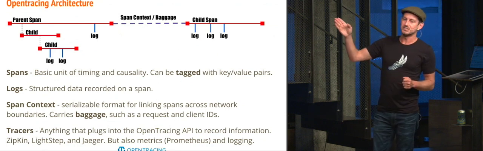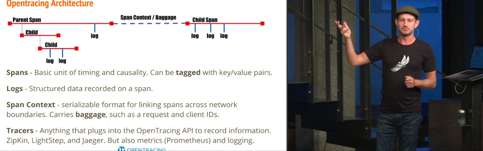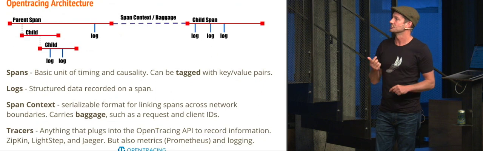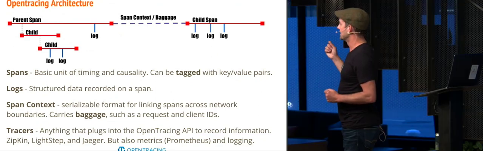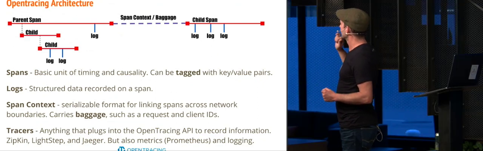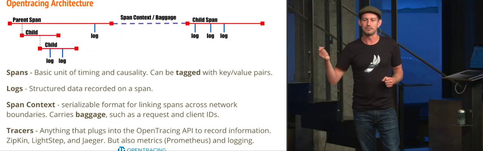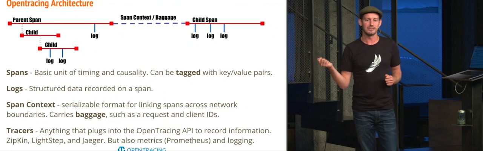When you hit an RPC boundary or any form of serialization you need to do, RPC, message queues, any of those kinds of things, you have an API for injecting and extracting what's referred to as the span context from the headers or metadata part of that RPC call.